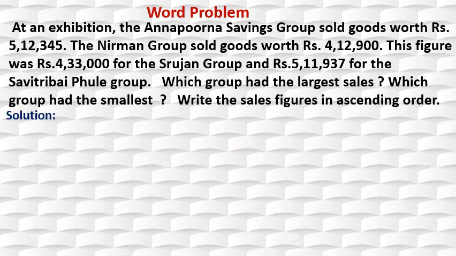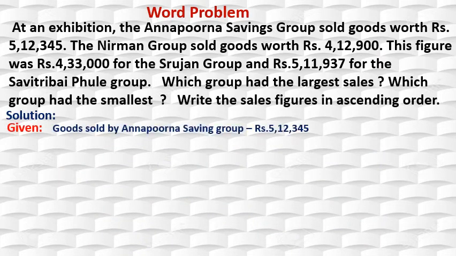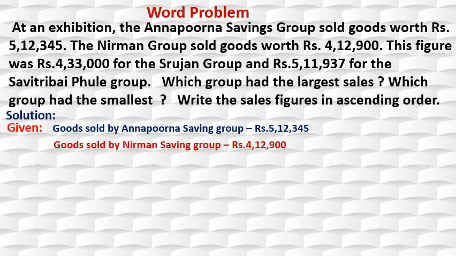First we will write the solution. What is given here? First, goods sold by Annapurna Saving Group, rupees 5,12,345. Correct? Now the next one is goods sold by Nirmana Saving Group, that is 4,12,900. See the figures.